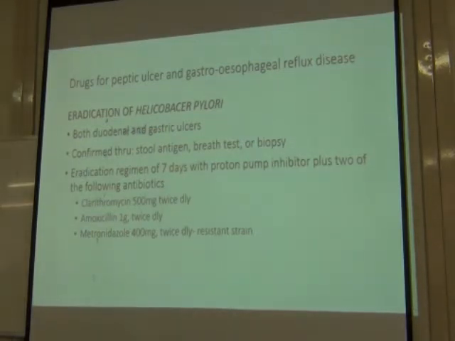So to eradicate Helicobacter pylori, you do a treatment regimen for 7 days with a proton pump inhibitor and 2 other antibiotics, either your clarithromycin, metronidazole, or amoxicillin, is used for the treatment. Amoxicillin can be replaced by metronidazole, and clarithromycin can be replaced by amoxicillin in the presence of what?